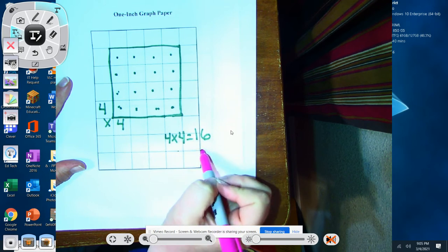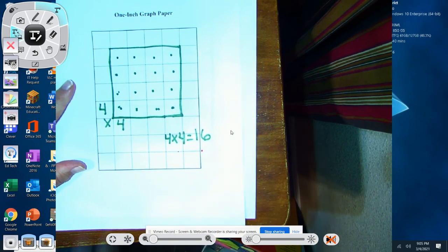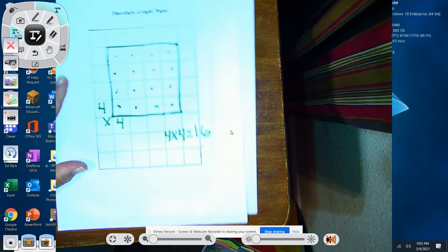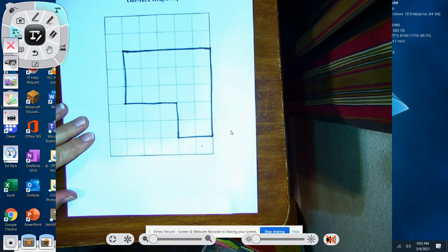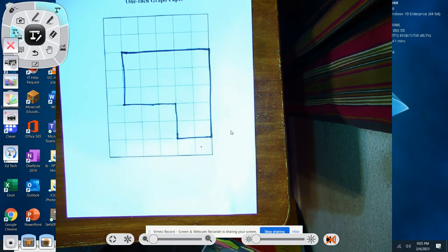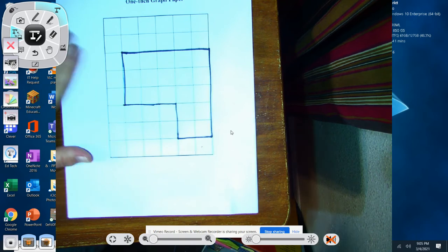I know 4 times 4 is 16. Remember, the area is the part inside. We're still working on that. So, wow, I can't multiply this because, how do I do that? Well, I can use the distributive property.